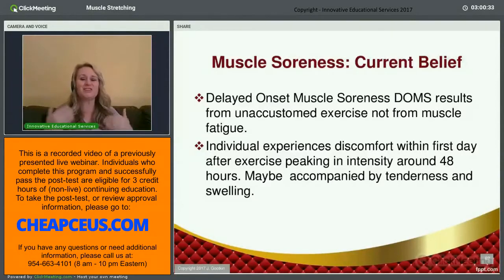Our current theory that the research is supporting is delayed onset muscle soreness. If you think about when you see it, even in yourself, not just your patients, it is going to happen anytime there is increased activity, when that muscle is pushed to the point of being exerted. It is a normal physiologic response regardless of fitness level.